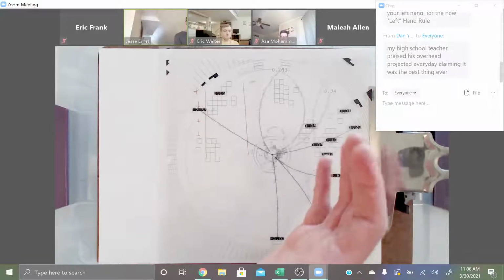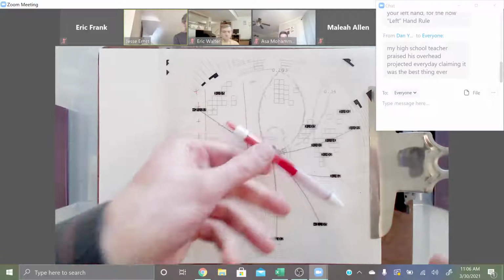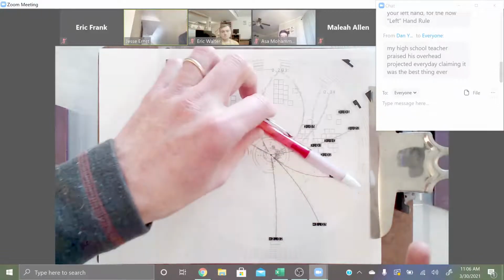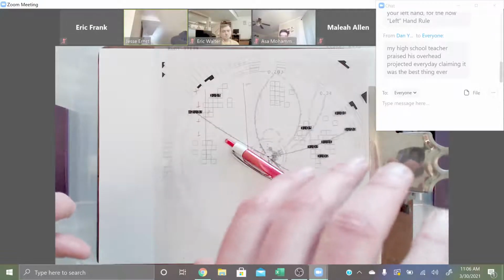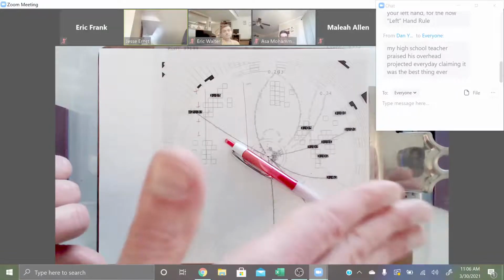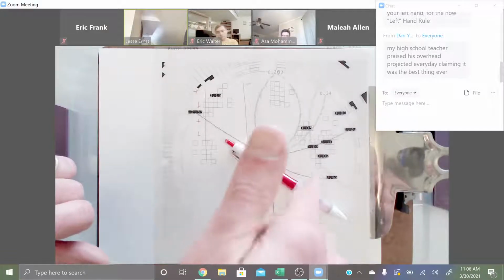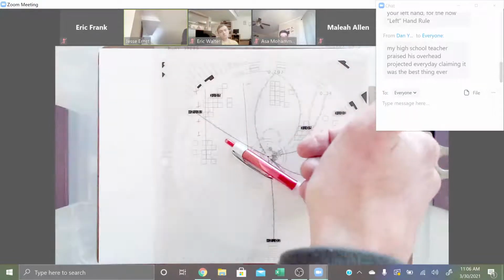So if B is coming out of the page, V is this way, B is coming out. Now, I think I used my correct hand. If V is going this way and B is into the page, V cross B is that way. I might have had my left hand here, but I think I'm using the correct hand.